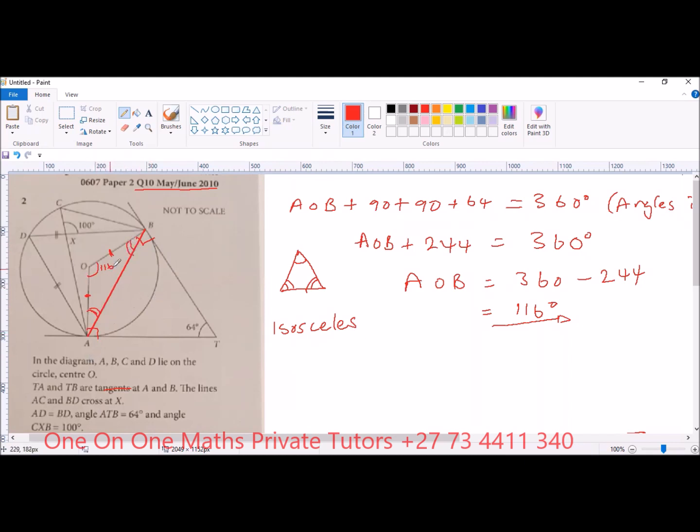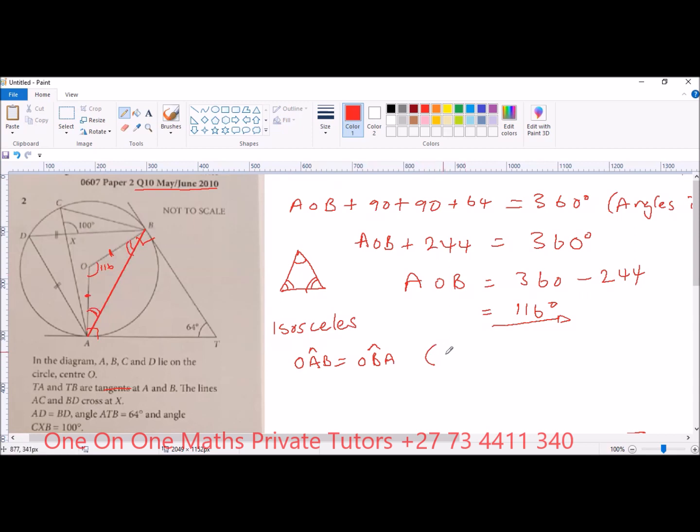And we know the angles of a triangle add up to 180. So angle OAB is equal to angle OBA. This angle is equal to that.